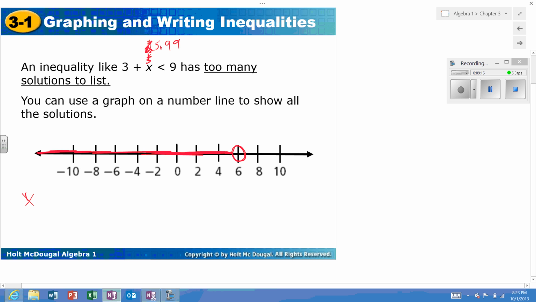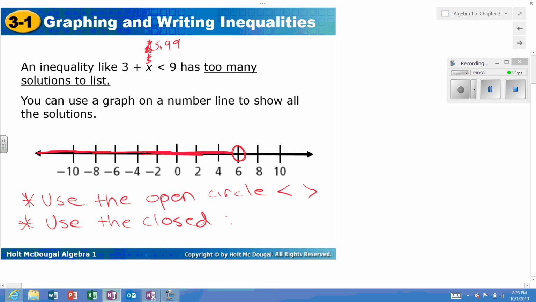Again, we use the open circle for a less than or greater than sign. We'll see on the next one that we're going to use a closed circle, meaning we'll color it in, if you see a less than or equal to or greater than or equal to sign.